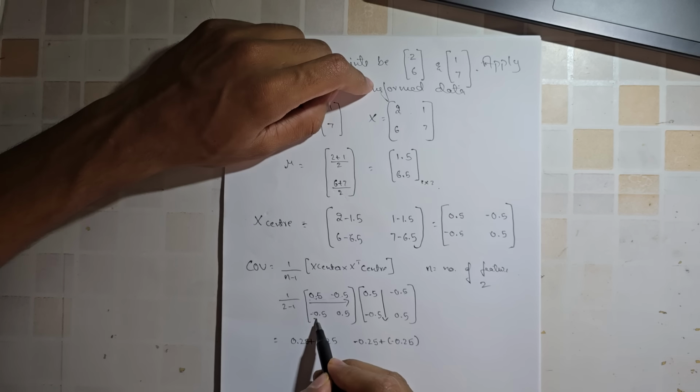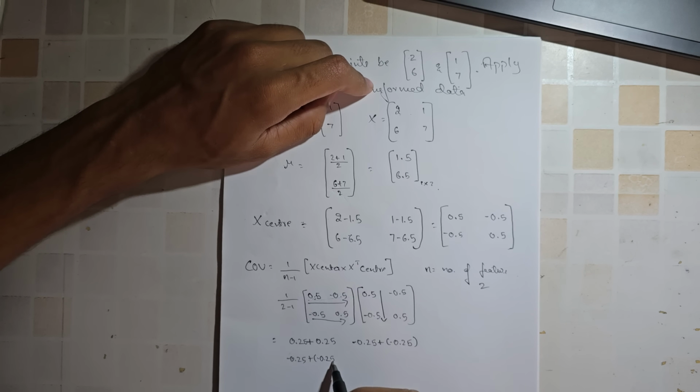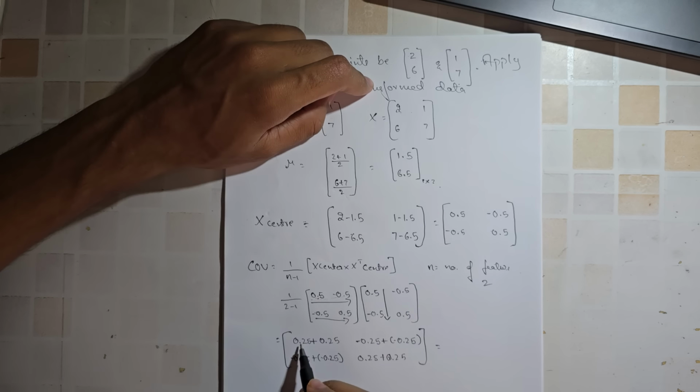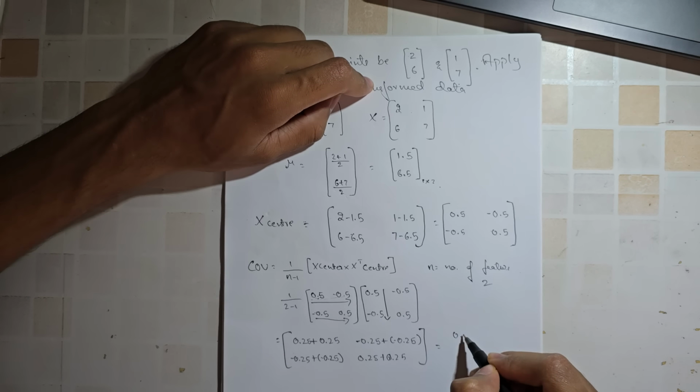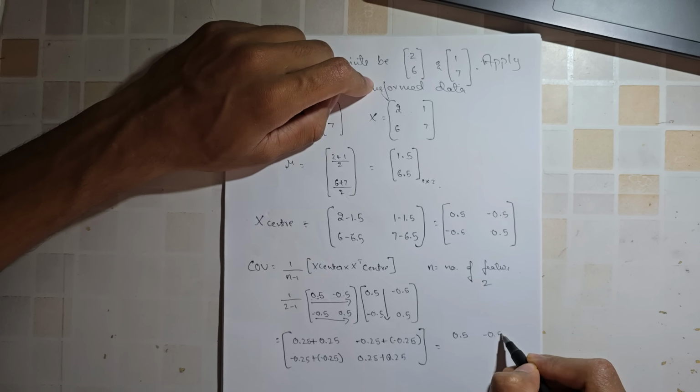Okay, here now we have to multiply this row with this column. So it is minus 0. See, very simple. Write this same thing over here because that's the same thing, and then write this here, 0. Okay, now we will add this value 0.25. 0.25 is again 0.5, minus 0.25 minus 0.5 again minus 0.5.